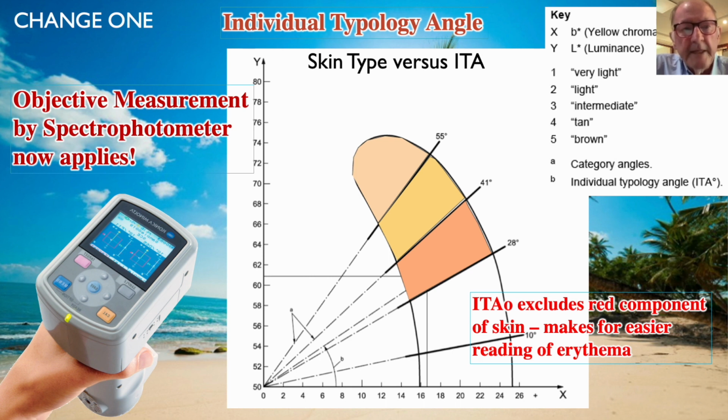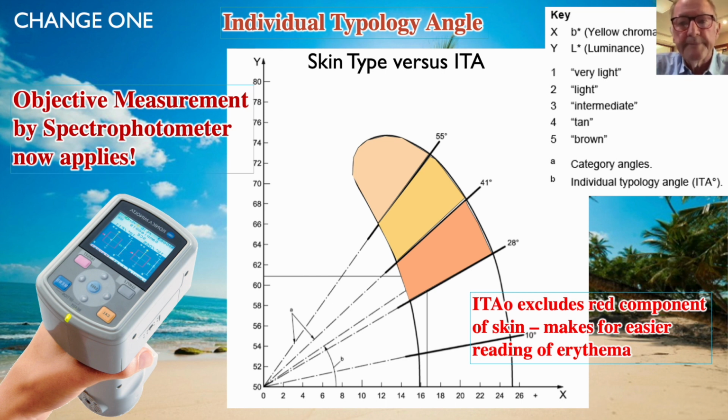The reason for that is it makes it much easier, without the red component, to determine what's happened during the experiment. We also have situations where test subjects arrive late, sweaty, hot, very red in the face, and they will tend to change colour. So this instrument and this technique is now mandatory in the new standard, and it's an excellent objective way to measure the skin colour.